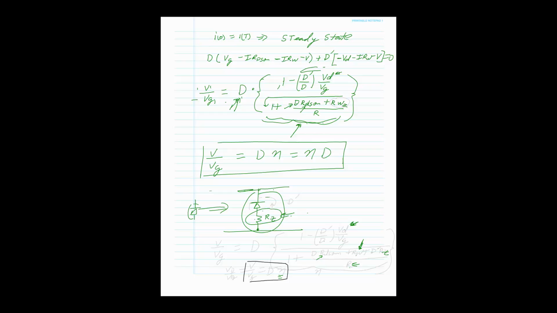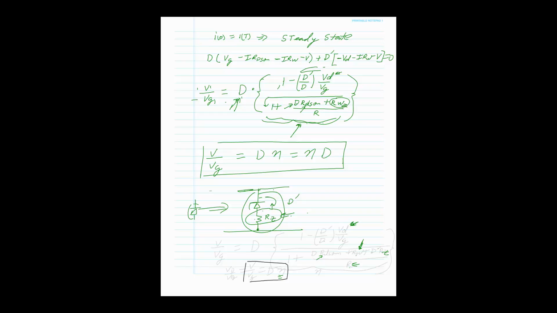Now, look at RW. Well, RW in the circuit sees both D and D prime. It sees the same for both cycles because it's in series with the inductor. Therefore, there is no D or D prime on it. So for this switch, notice that this diode only turns on during the time D prime.